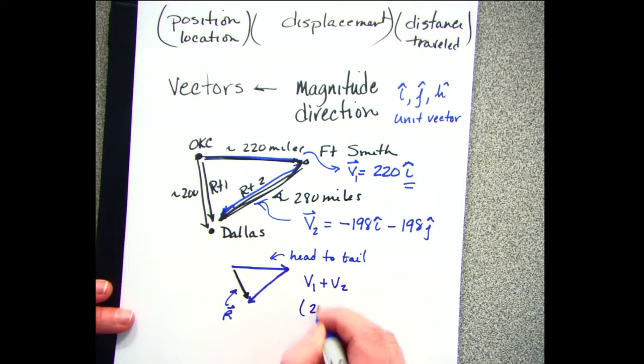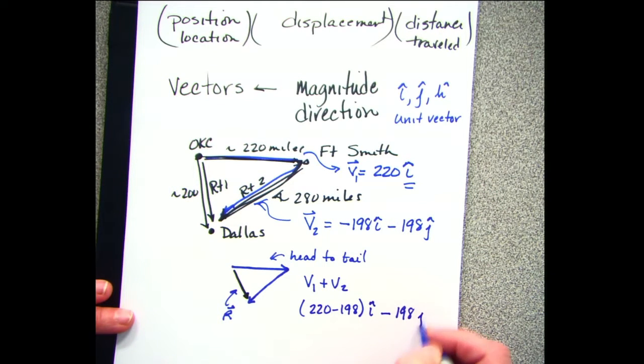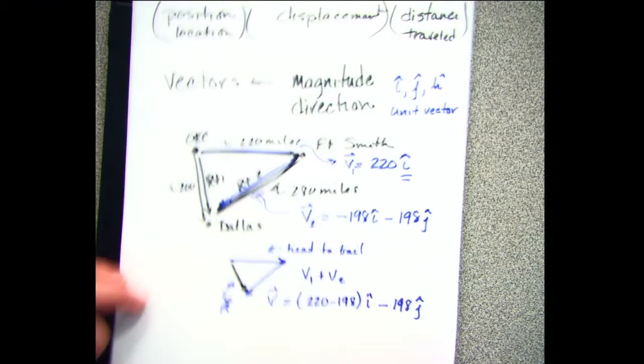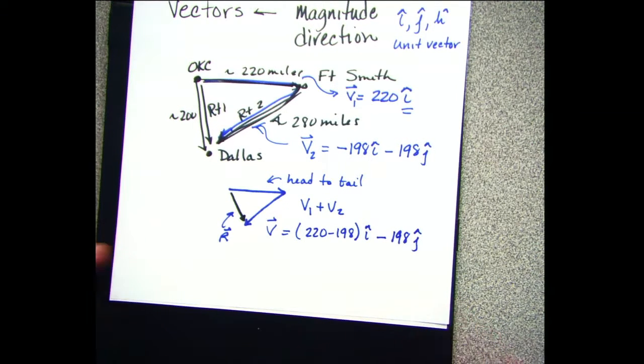So I get my 220 minus 198 in the i direction. And because there's nothing in the j direction over here, I get my 198 in the j direction. And somewhere along the line you saw this in algebra class or trig class, or you've seen it somewhere. It's been a long time. We dust the cobwebs off, right? But we've seen it.